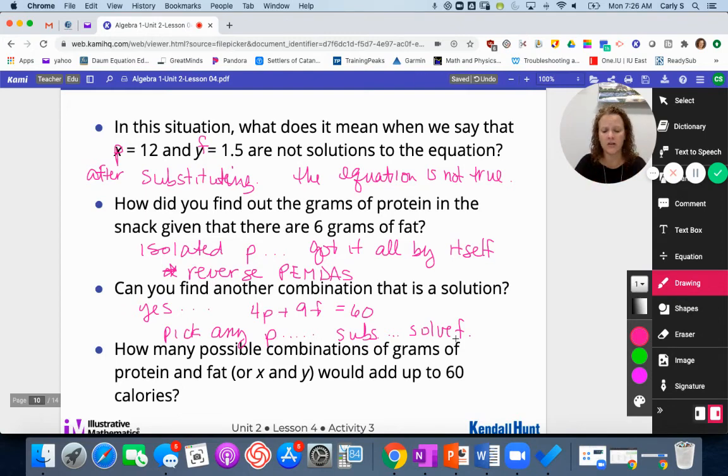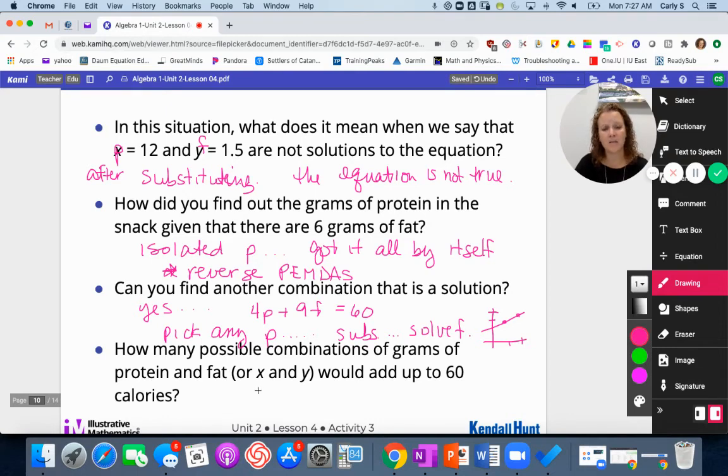Since it's just a linear equation, there's a lot of different values that will work for it. And we're going to get into that in another lesson where we're going to talk about lines and many values of X and Y that work for a line, okay? So we're going to hold on that one right now.